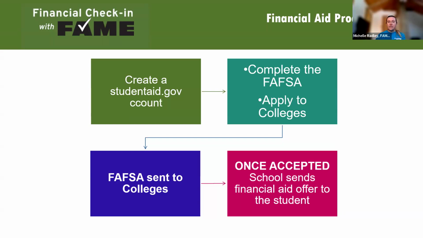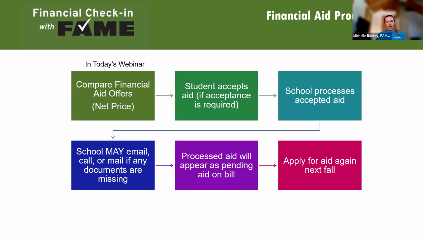After the FAFSA is filed, the data is then nicely packaged up and sent off to the colleges that the student has indicated they're most interested in. And once they've been accepted for admission, that's when you'll start seeing those financial aid offers come in. That's really what we're going to be talking about today, that portion, comparing the actual offers themselves.